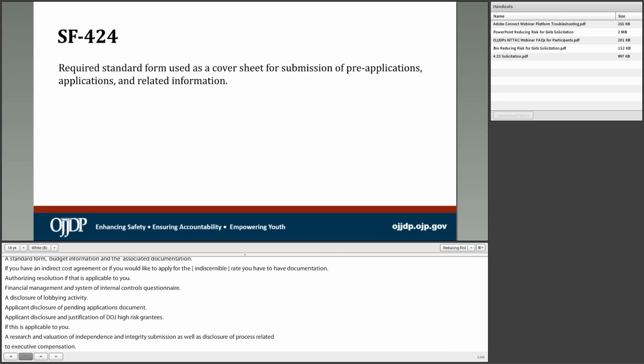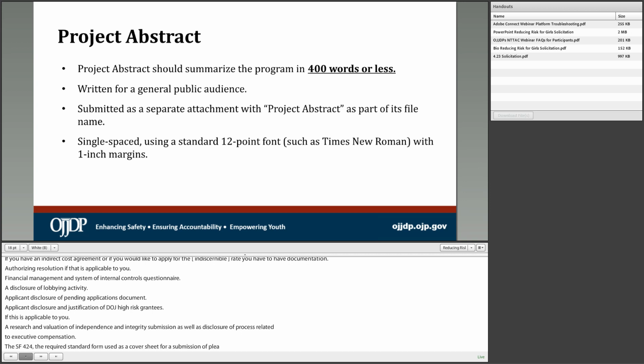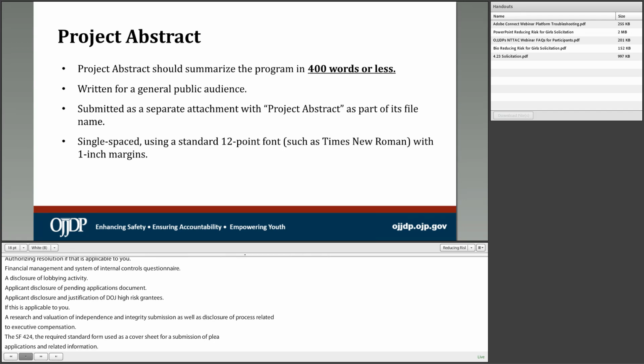So the SF-424 is a required standard form used as a cover sheet for submission of pre-applications, applications, and related information. The project abstract should summarize the program in 400 words or less.